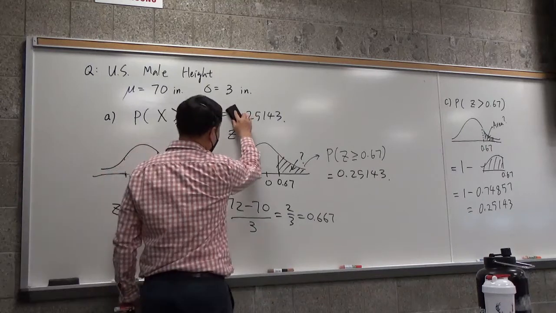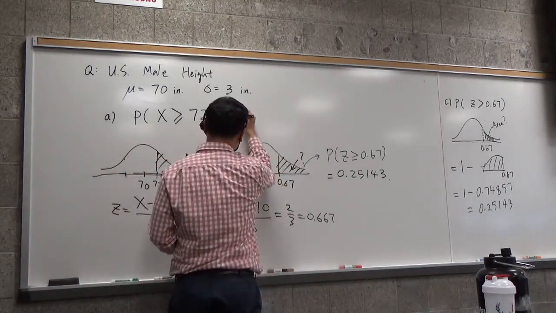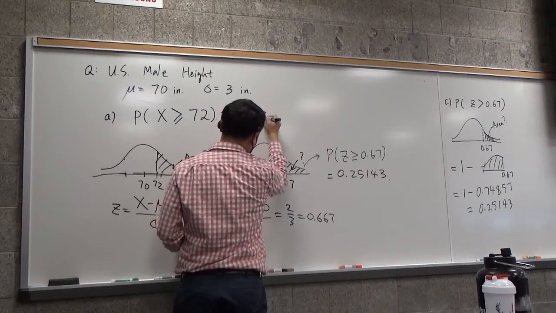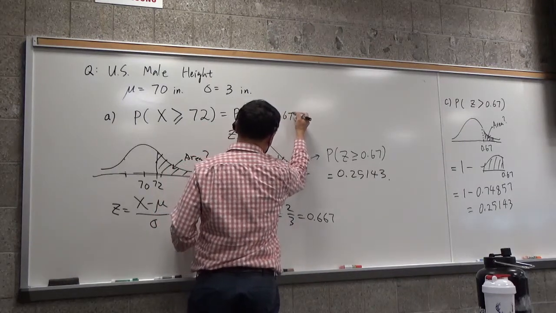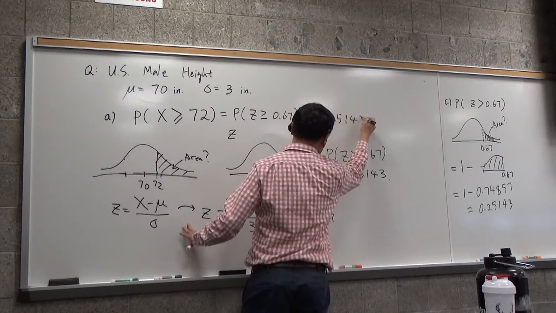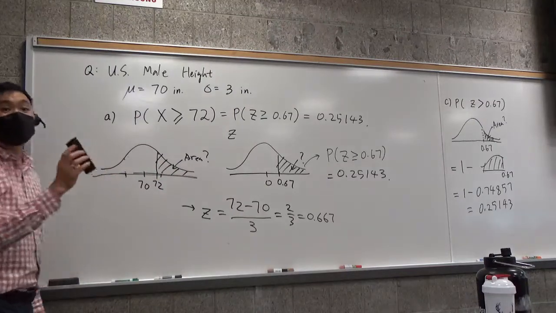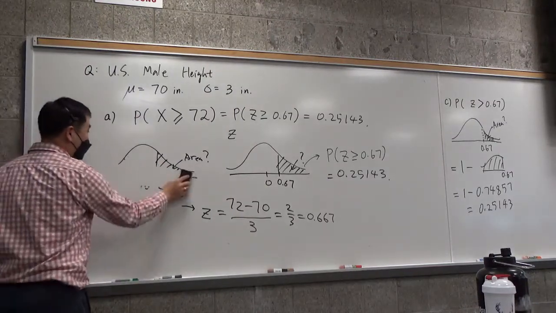You know what? I should probably write it like this: P(z bigger or equal to 0.67) equals 0.251. Any questions? All right.